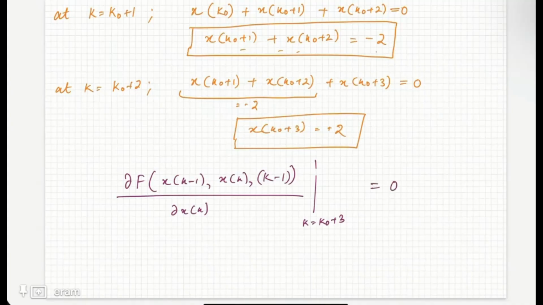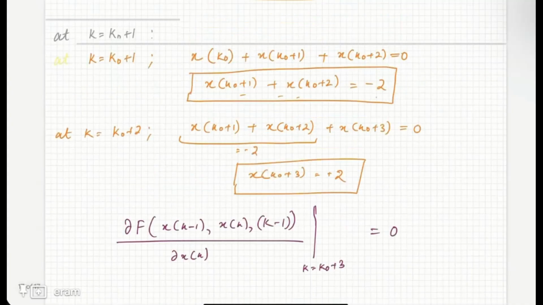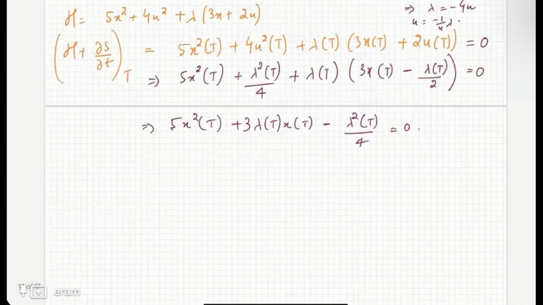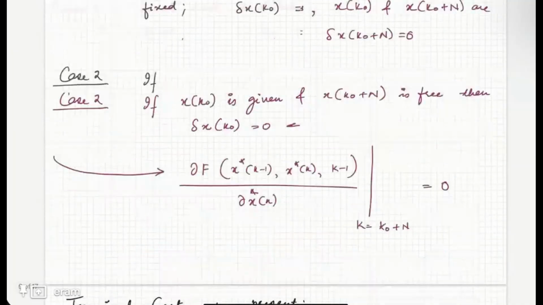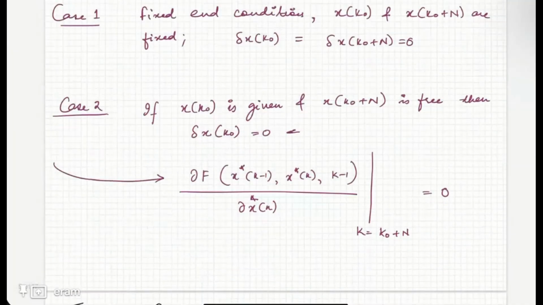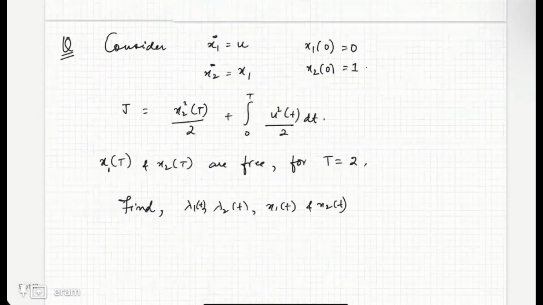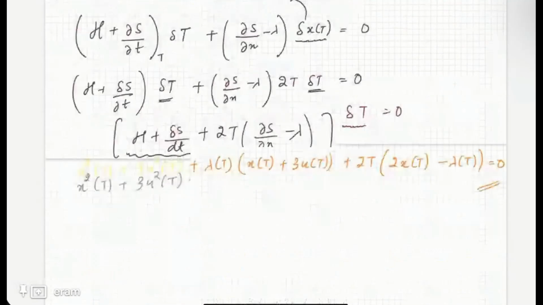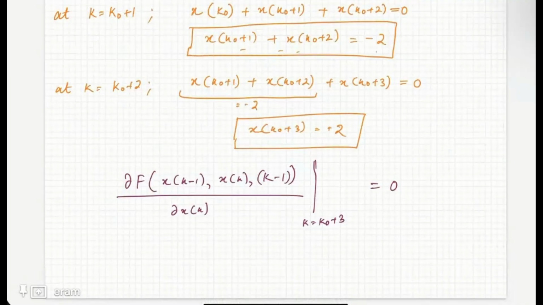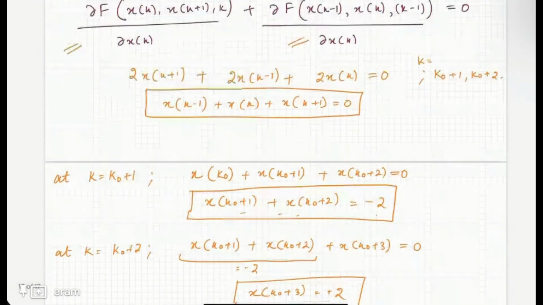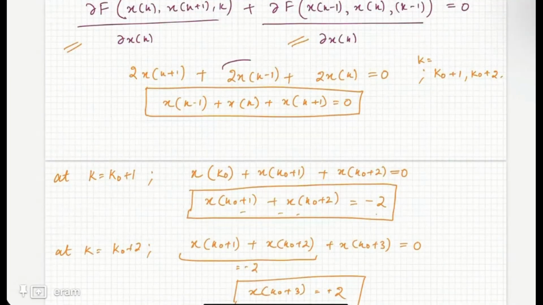This should be 0, from the conditions that we have written over here, because this xk naught is free, so therefore only this coefficient will be 0. Now this is nothing but this expression only at k naught plus 3.